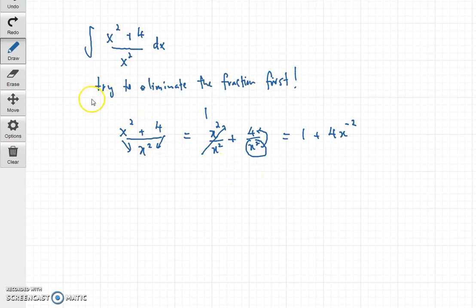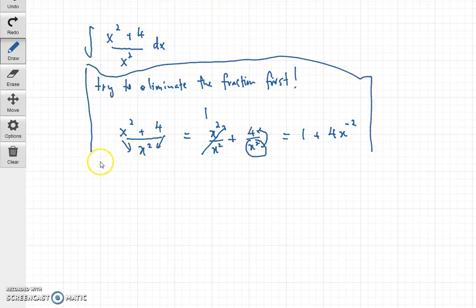So based on our first simplification technique, we can get a new integral. Instead of having it in a fraction, we can change it into this part.